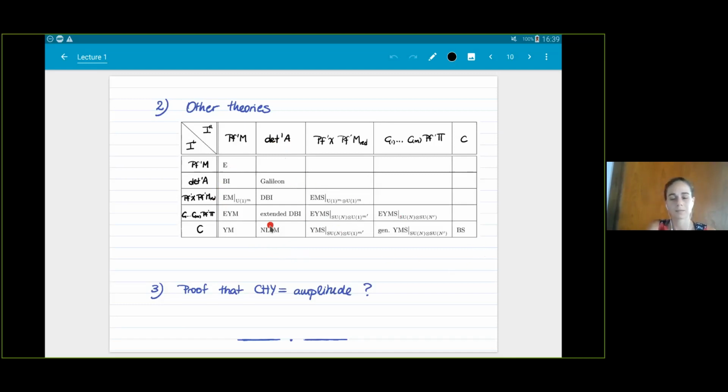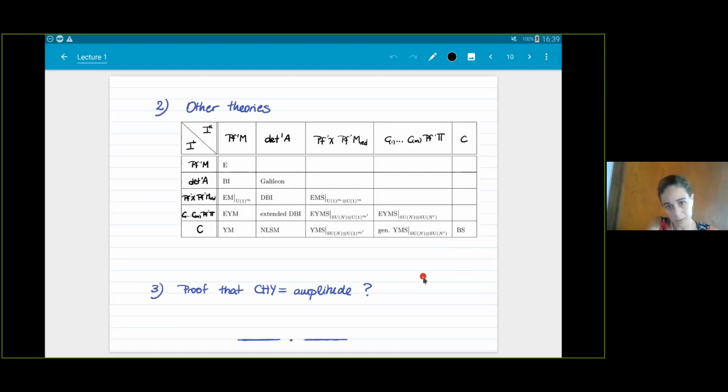If I'm not talking about your favorite massless theory, just pick one here, and there is a CHY representation. If your favorite theory is not on the list here, then it might still have a nice CHY representation. And I might just not know it, but there is a good chance that if it has enough symmetries, you can find a nice representation for it.